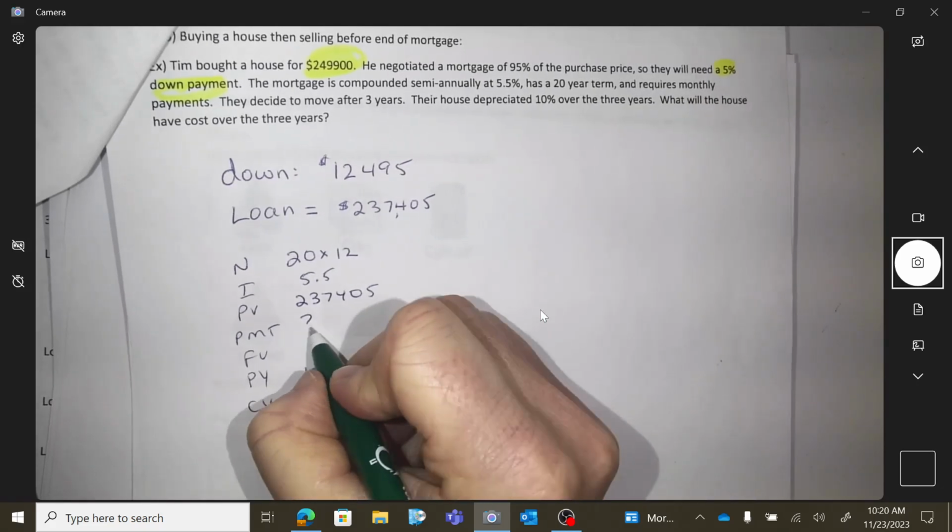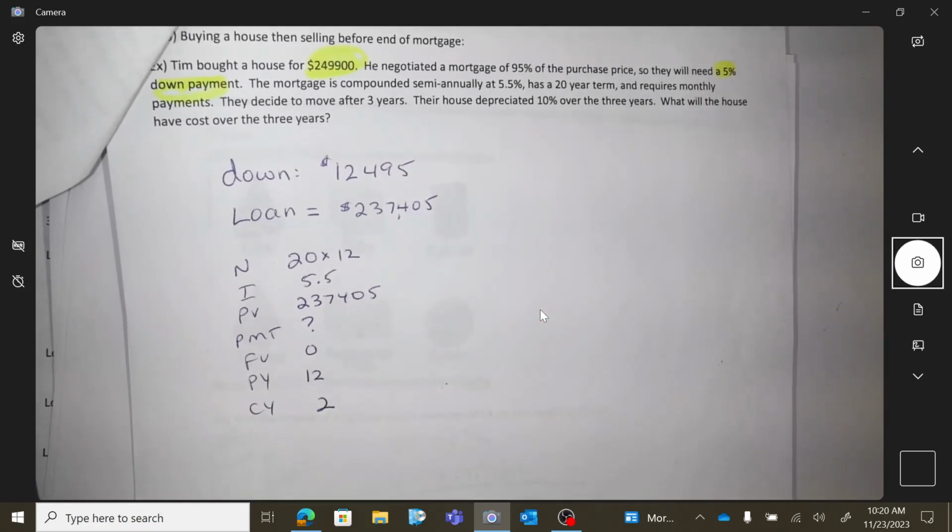Okay. Future, 0. Okay, give me the payment. How much money do you have to pay every month to live here?